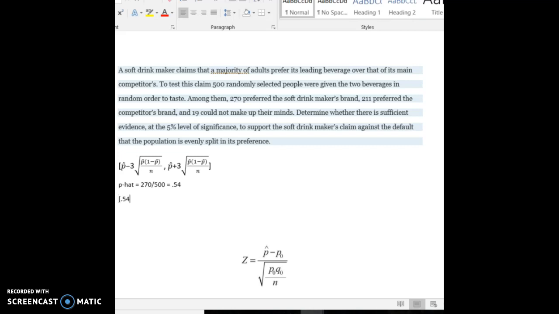It's going to be 0.54 minus 3 times the square root of 0.54 times 1 minus 0.54, divided by 500 in the sample space.